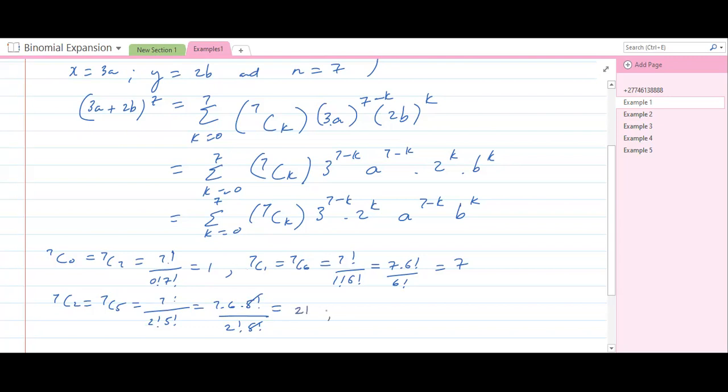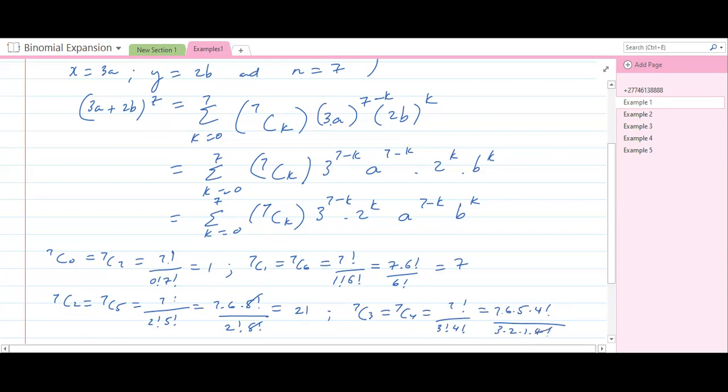Then the next one is 7 choose 3, which is the same thing as 7 choose 4, which is equal to 7 factorial over 3 factorial 4 factorial, which is 7, 6, 5, 4 factorial over 3, 2, 1, 4 factorial.